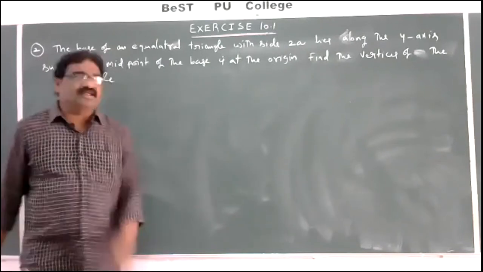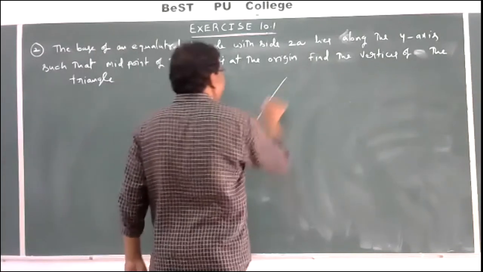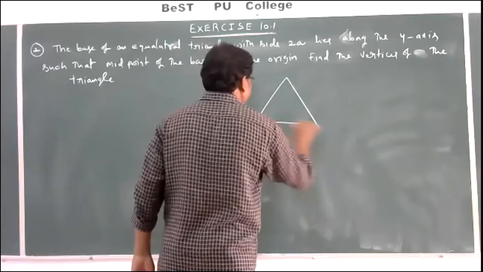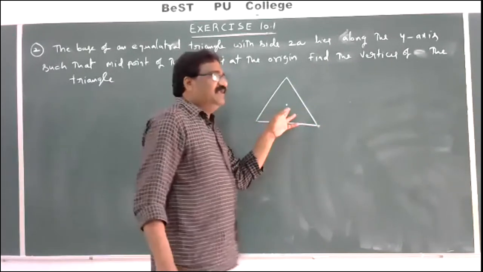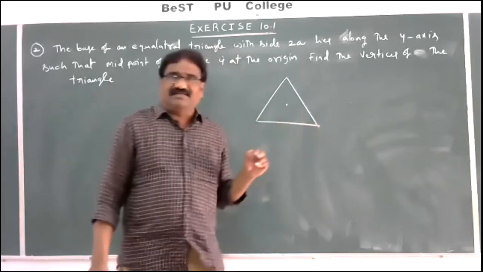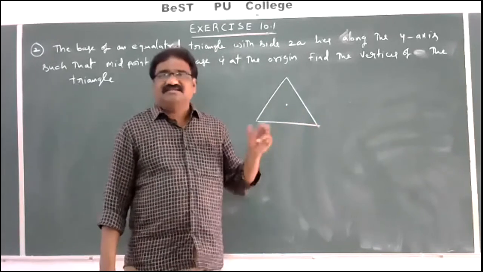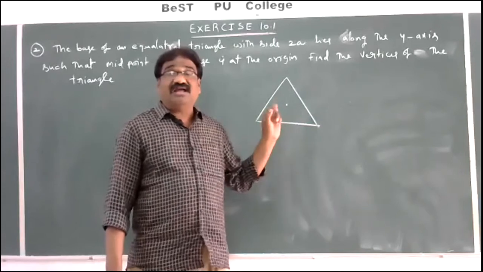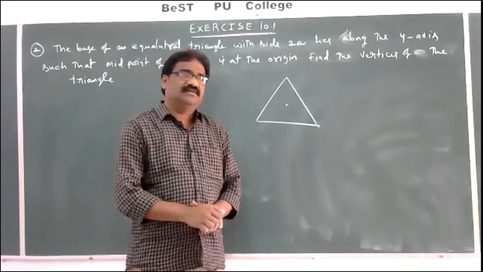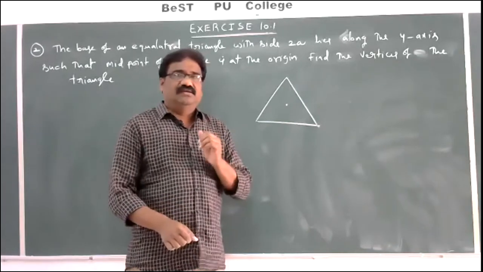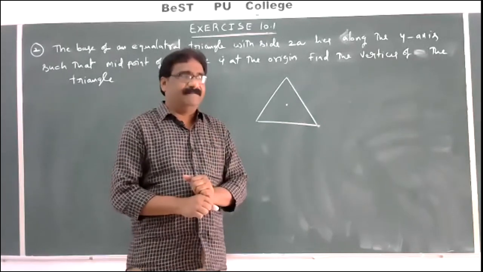In an equilateral triangle, for example, this is the center. Center means orthocenter, circumcenter, incenter, centroid. All coincide at one point. You know orthocenter, circumcenter? I think already discussed that.